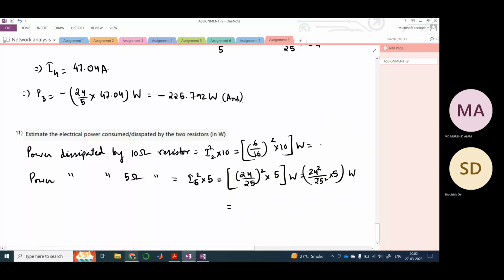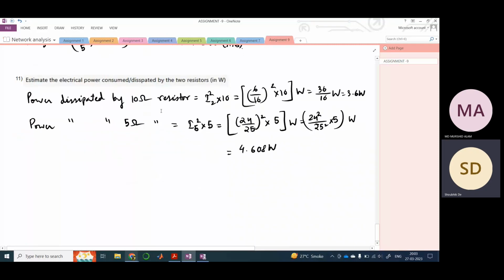I'm sorry. This would be 36 by 100 into 10. So this would be 3.6 watts, and this would be 4.608 watt.